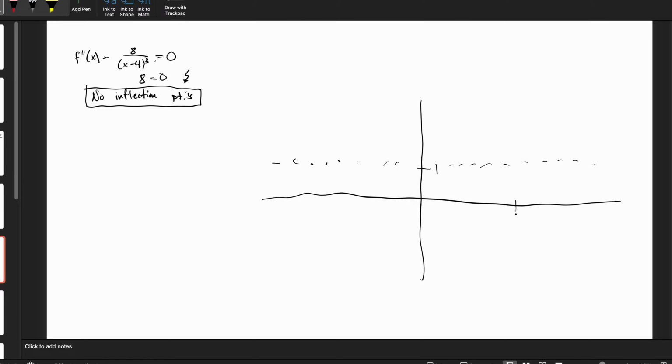And I know I have a vertical asymptote at 4. And I know my x and y intercept is the same, it's the origin. And I know that the function is decreasing everywhere. So if it's decreasing and I need to follow my asymptotes, it'll actually look like this. It has to, because it's decreasing.